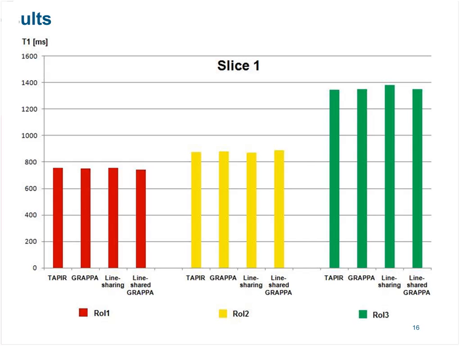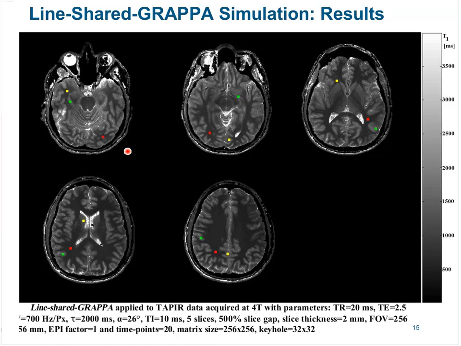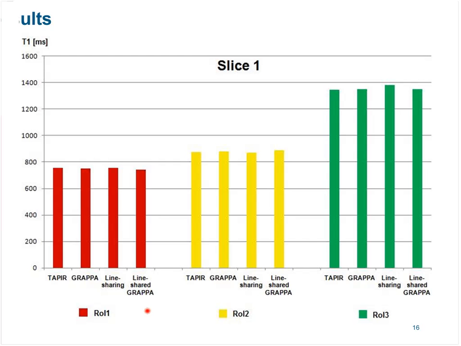So here are the results, and actually, if I go back and just mention that in every slice we can see the red region mentioned with red block, then yellow block, and then green block. The percentage difference between the reconstructed T1 map and the original Look-Locker T1 map was calculated and mentioned in this graph.